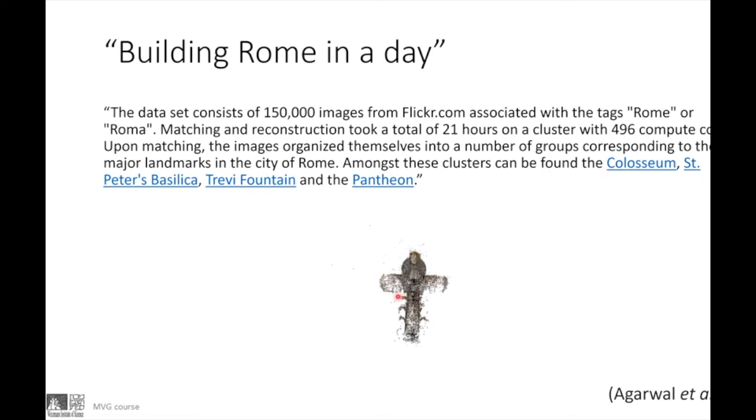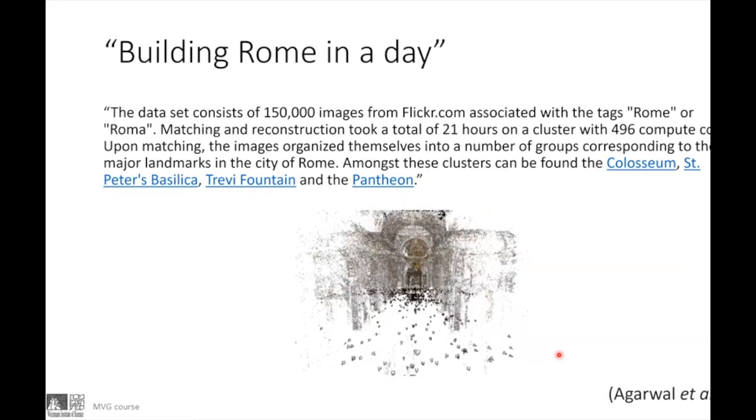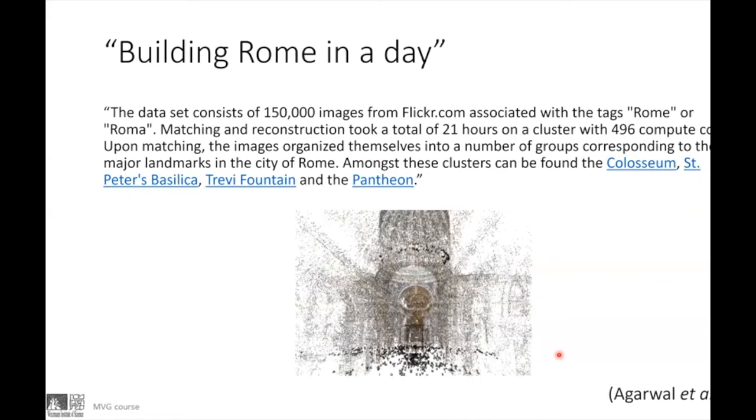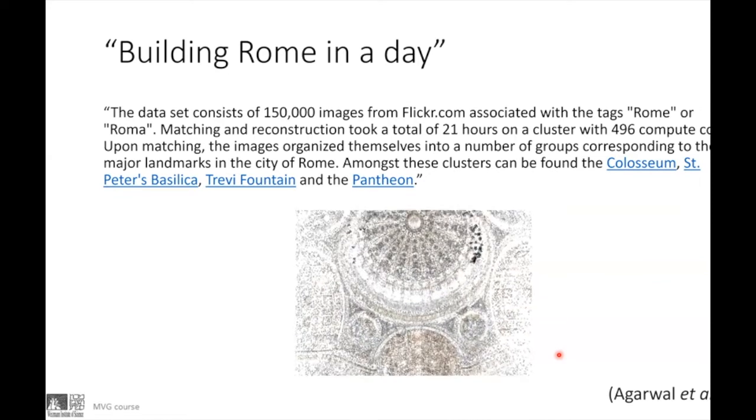And here we will see one of them. This is the St. Peter's Basilica, and you can see the quality of the reconstruction inside and outside. Okay, so here you see the pyramid. This is one of the cameras.